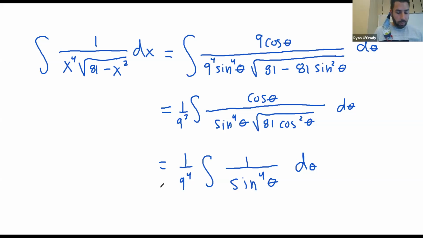And so the question we're at is, how do we integrate 1/sine to the power 4, or as I said, cosecant to the 4th, or sine to the negative power 4? Either way, there's going to be, we hope, a way of getting the answer if we're careful.